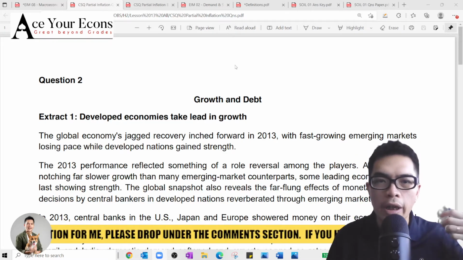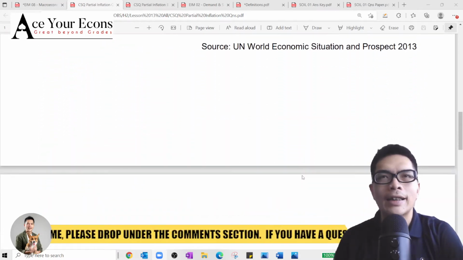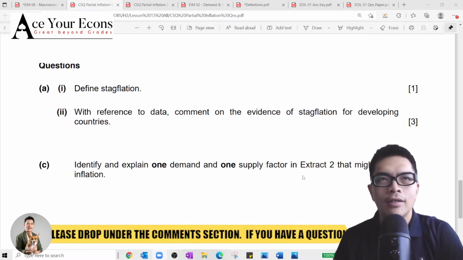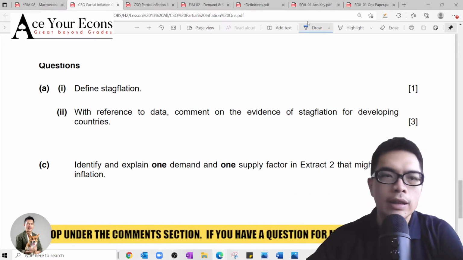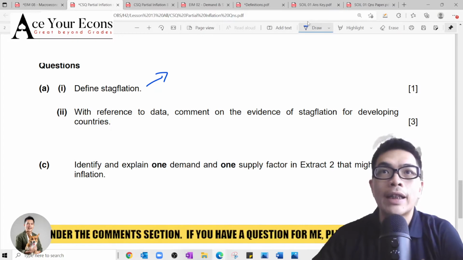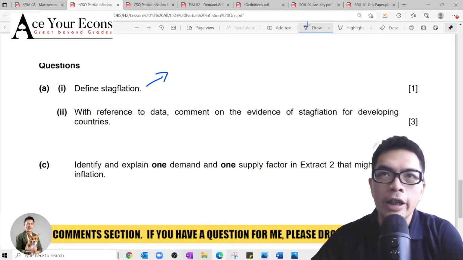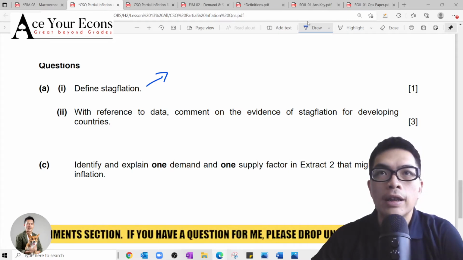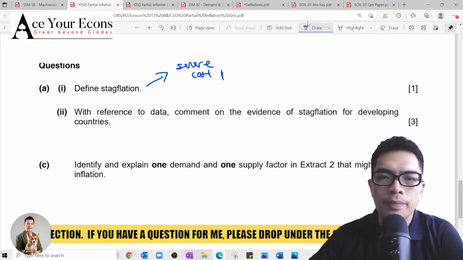Okay, so great. We're all seeing the same question paper. I'm going to give you guys a slight hint. This is probably the only hint that you need. We need to define what is stagflation. Please pen this down. Stagflation is a type of severe cost push inflation.